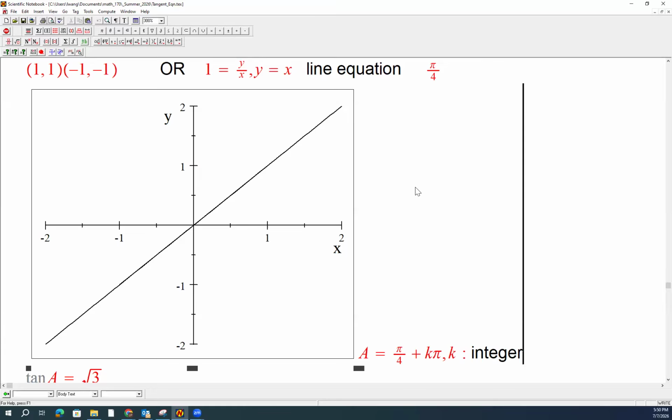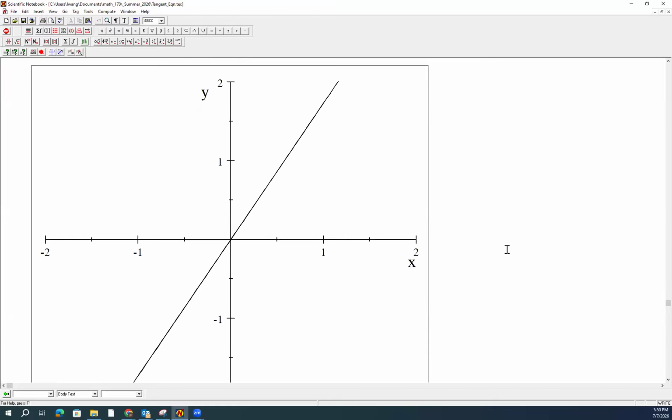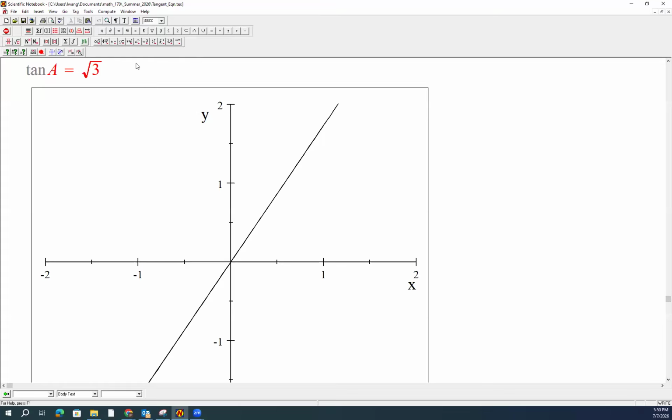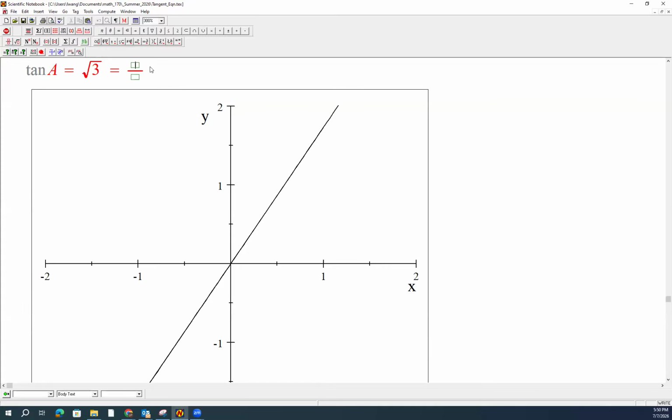All right, so in the special angle case, let's do one last one. I promise you I want to keep it short. And this one, of course, corresponds to a special angle as well, right? So how do we compose the point?